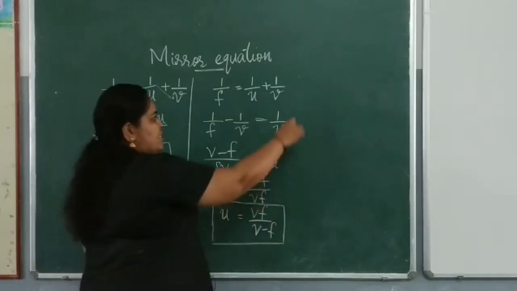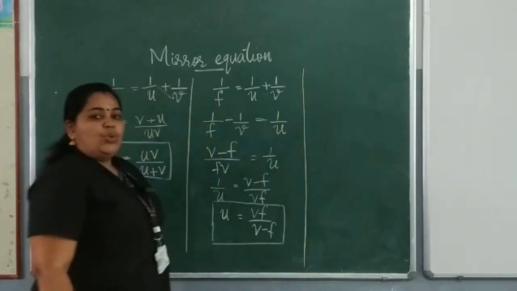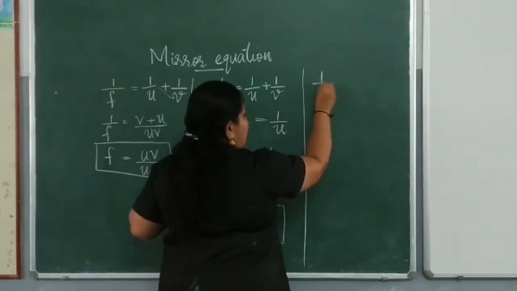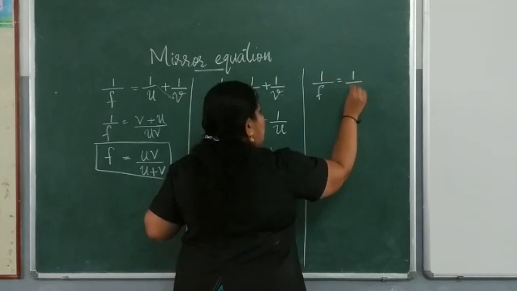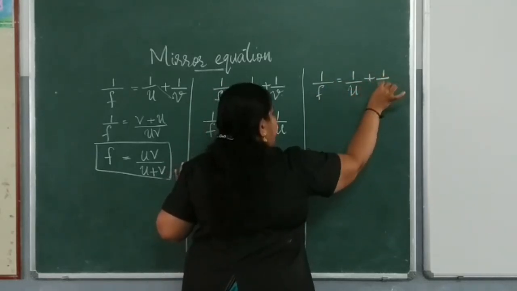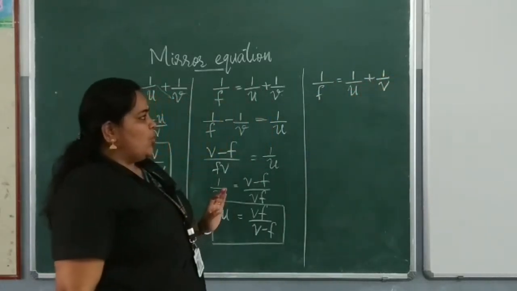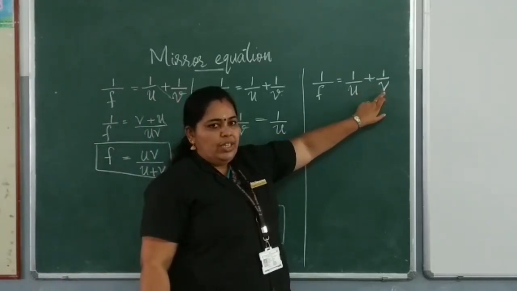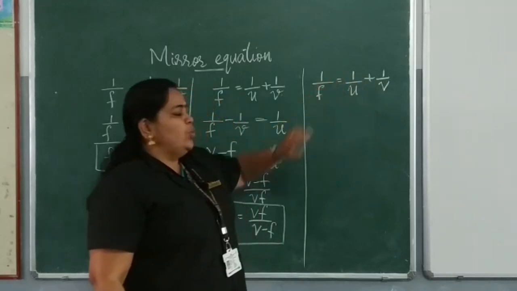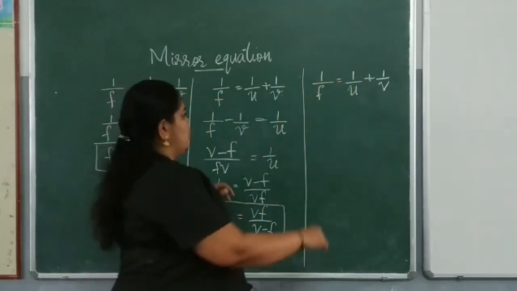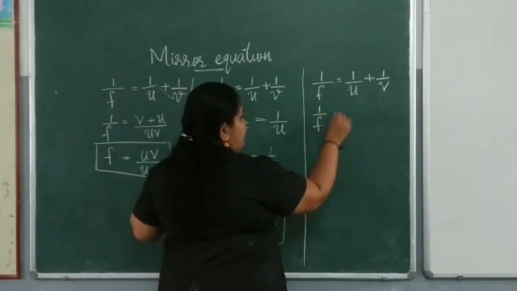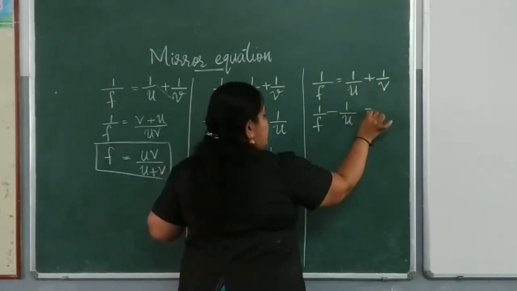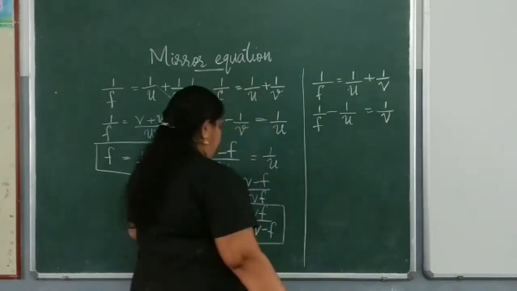Clear? Next we can find out the value of v. ഇപ്പോൾ v യുടെ value ആണ് കണ്ടുപിടിക്കേണ്ടത്. 1 by f is equal to 1 by u plus 1 by v. So here what we are doing? We are going to find out the value of v. So bring this u term to this side. So what happens? 1 by f ഇത് ഇങ്ങോട്ട് വരുമ്പോൾ എന്താവും? Minus 1 by u is equal to 1 by v.